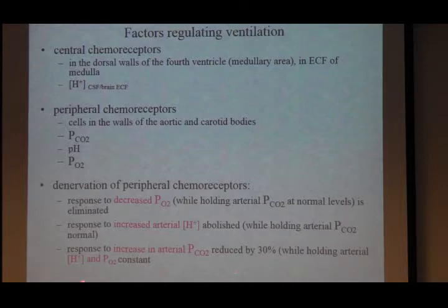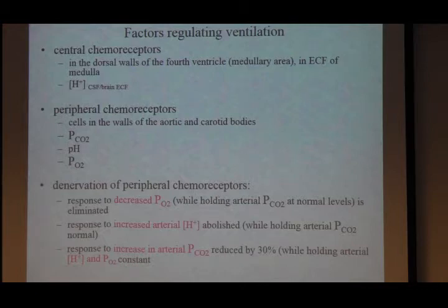And then the third response that is interesting to point out is if we take these animals and increase arterial PCO2 while holding the two other variables constant, you see that the ventilatory response, that is, the increase in ventilation produced by elevation in PCO2, is reduced by 30%.